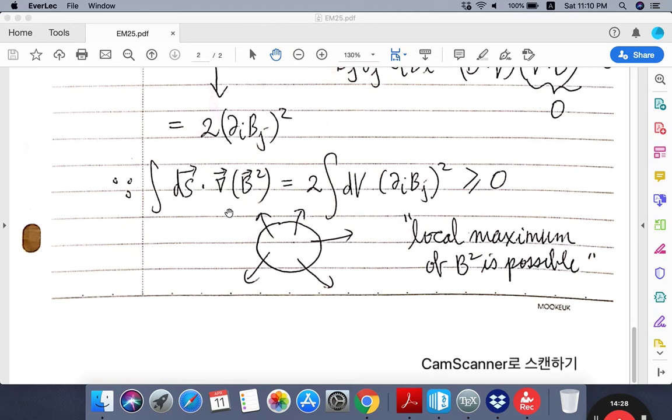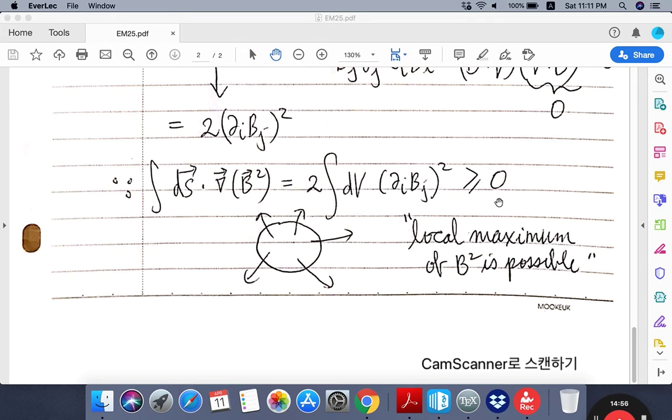You might have situations where some of these arrows are flowing in and other arrows are flowing out, so as to maintain the 0 for this integral. But certainly it's not possible to have all the vectors flowing in, because that would violate the condition that this integral be non-negative.